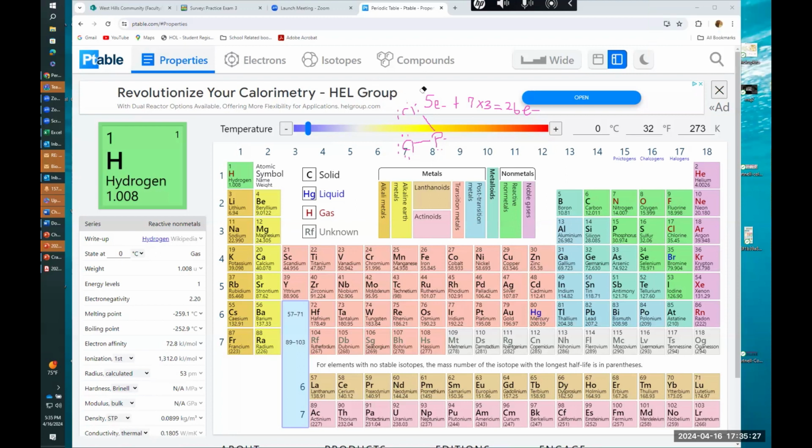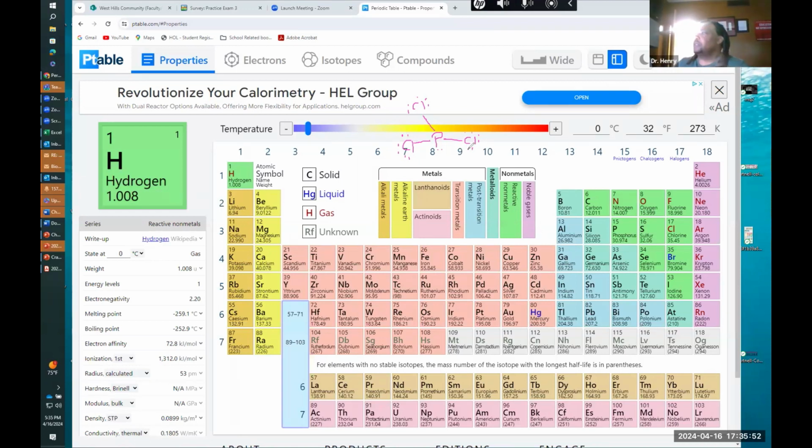The phosphorus is going to have a lone pair, one lone pair. And then we have one more bond, right? 2, 4, 6, 8, 2, 4, 6, 8, they all have 8.